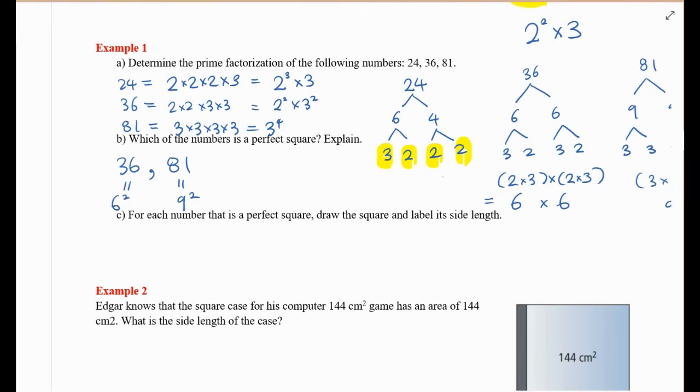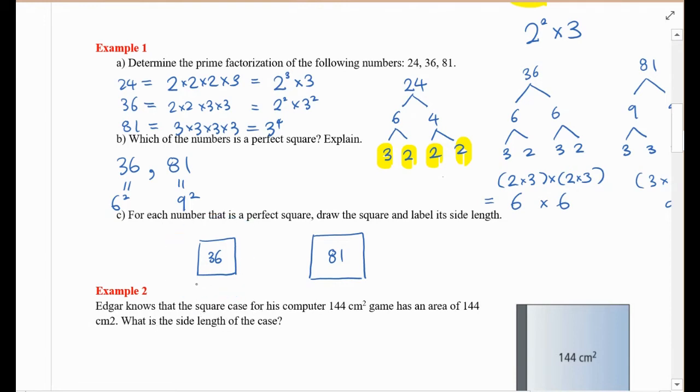length. So using a diagram, we can explain the squares and square roots. So say the area of the square is 36 and the area of the square is 81. So what is the length of the square?